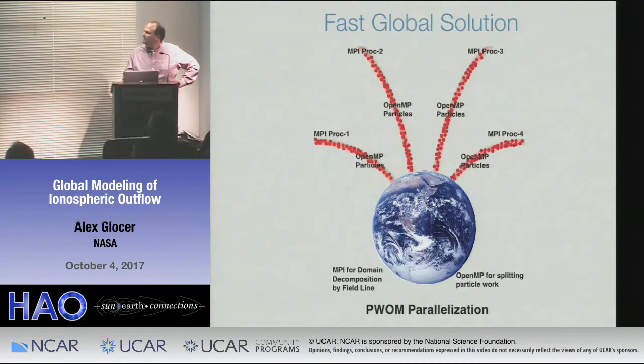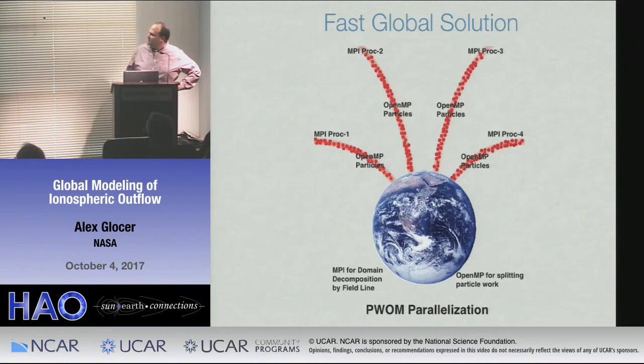So, speaking of speed, we want to speed up the calculation. We want to be able to have this code run inside of a global model framework, and to do that, we have to make things go quickly. So we use a combination of distributed and shared memory parallelization.